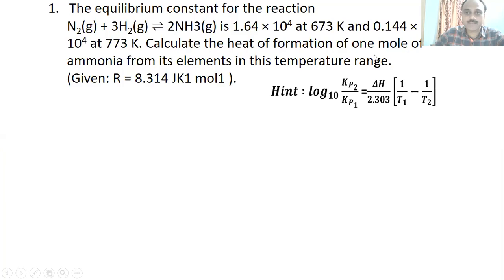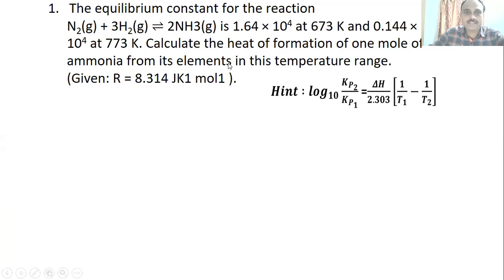Calculate the heat of formation of 1 mole of ammonia from its elements in this temperature range. Given R is equal to 8.314 joule per Kelvin per mole.